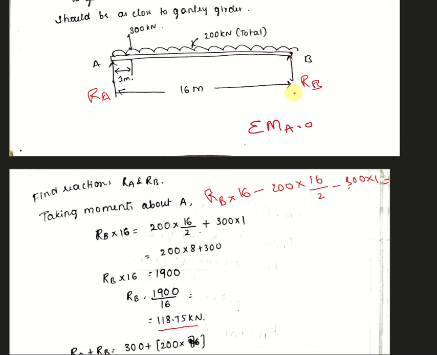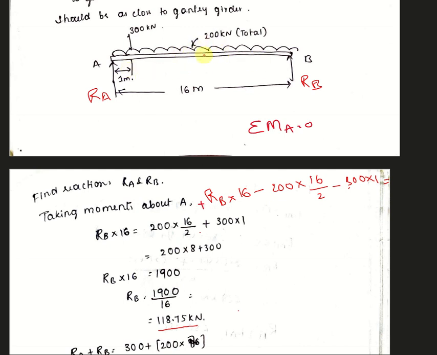So what are the moments we have? RB into 16. This load, which is anti-clockwise, we are taking as positive. So another load, 200 kilonewton. Of course I have shown it as UDL, but together the overall gantry girder weight is given as 200 kilonewton. So that is a point load. We are assuming it to be acting at the center of this span.